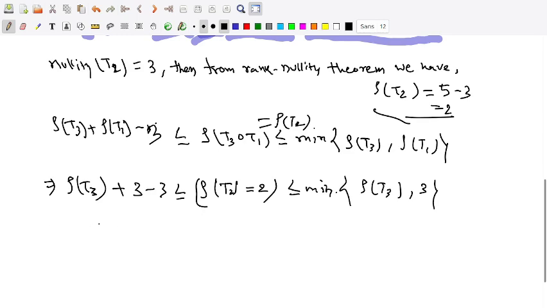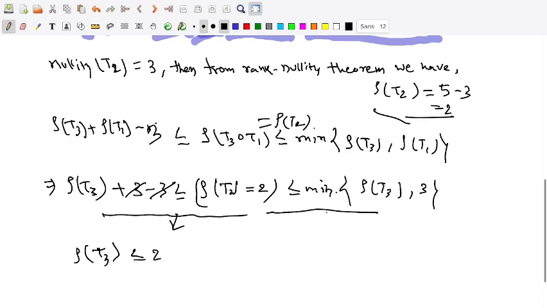So this implies from this part, 3 and 3 vanish, rank of T3 is less than or equal to 2, and from this part, the minimum of rank T3 and 3 is greater than or equal to 2, which implies that rank of T3 is greater than or equal to 2.